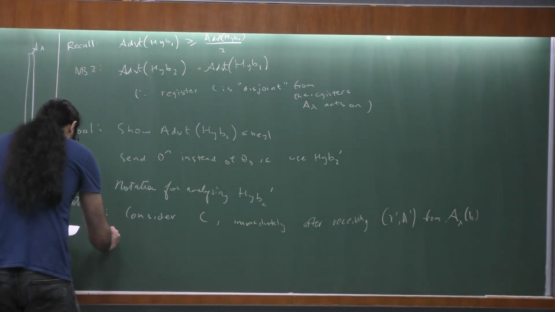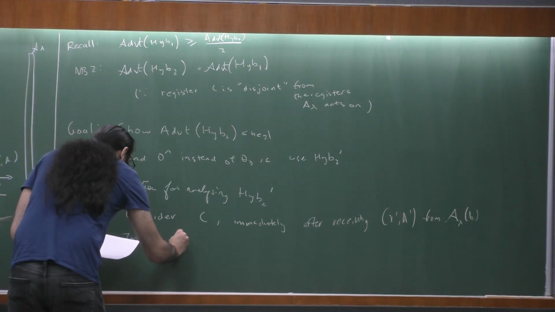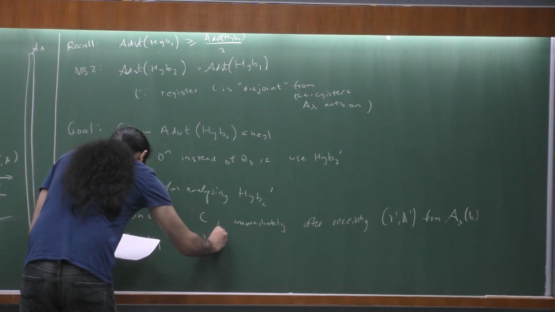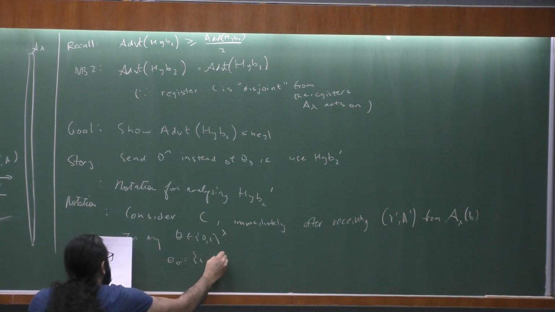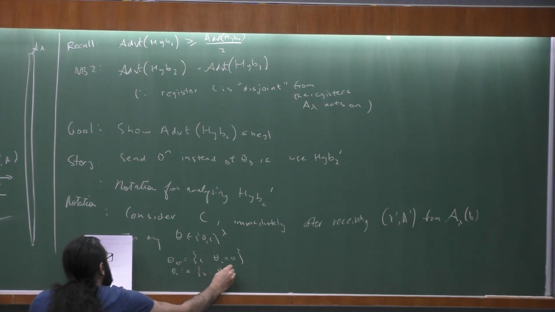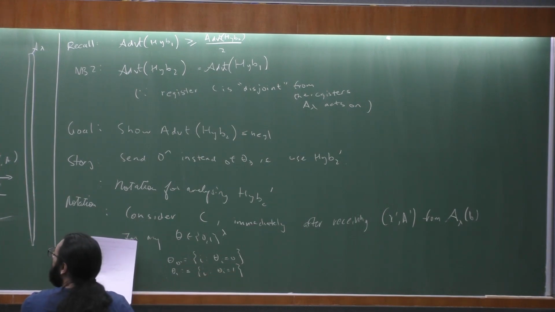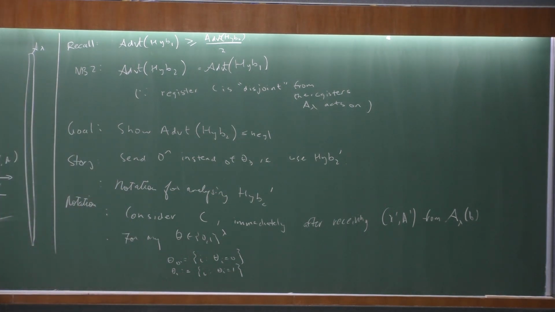And then for any theta, we set theta 0 to be the set of i such that theta i is 0, and theta 1 to be the set of i such that theta i is 1. So that's just the definition. It's a bit unusual, but useful nonetheless.